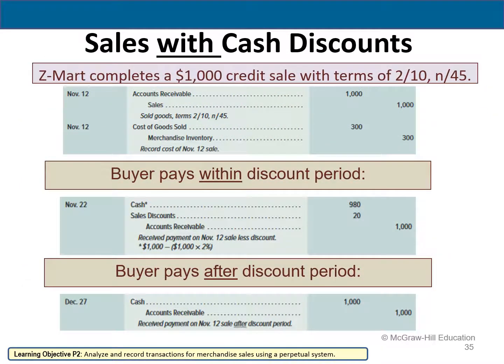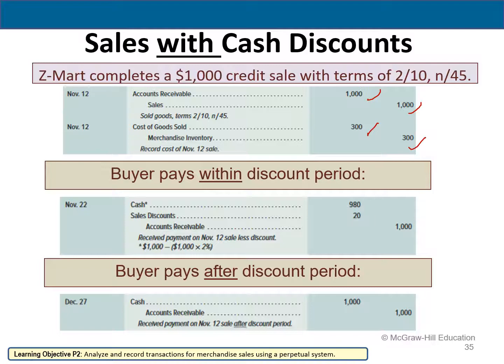So if Z-Mart were to make that sale of $1,000 with terms 2/10, net 45, so if they pay me within 10 days, I'm going to give them a 2% discount. Otherwise, they owe me the full 1,000 if they pay me within 45 days. So I'm going to record my initial transaction on November 12th, $1,000, right? And then I'm going to record the cost. So those are the entries from the previous slide.